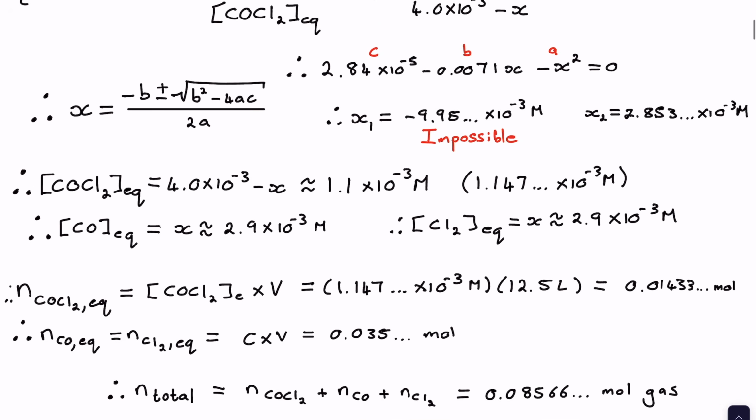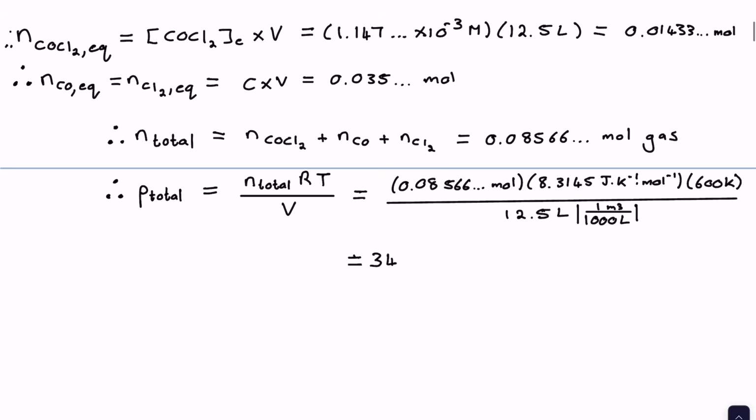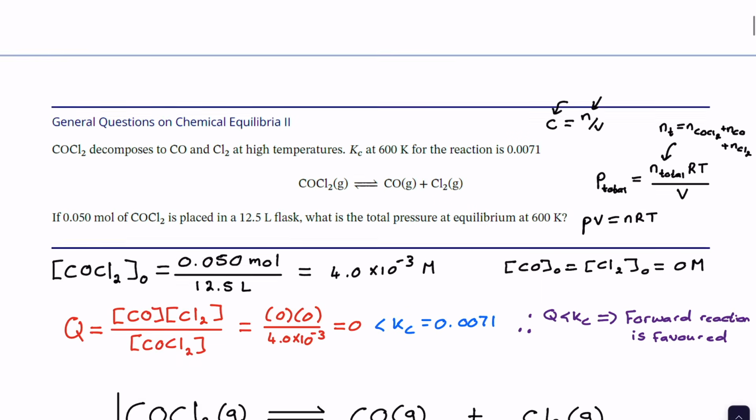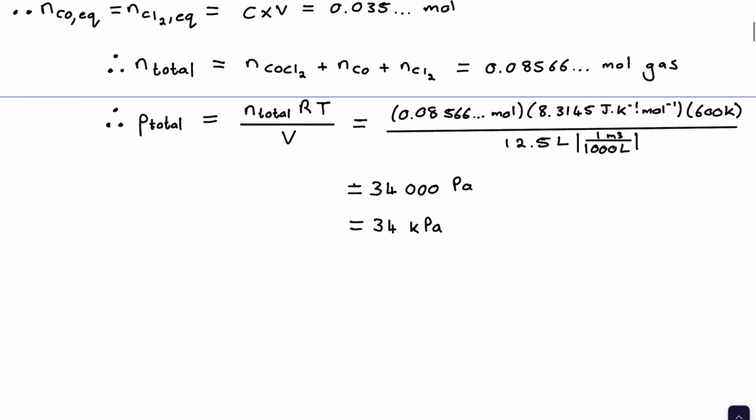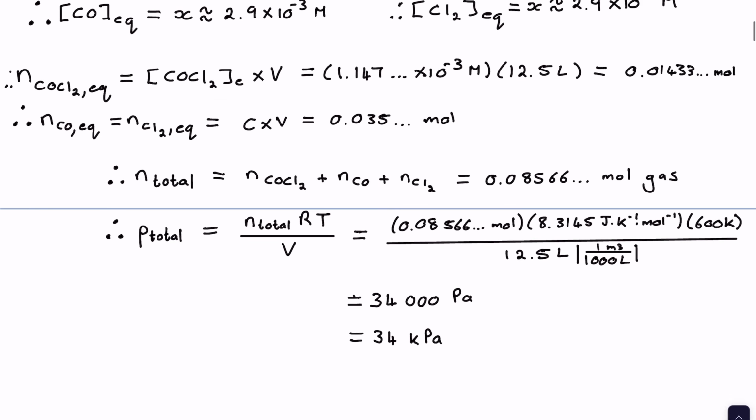Yeah, it's 2 significant figures because of the KC, so 34,000 Pascal, so equal to 34 kilopascal. All right, so remember you get the answer in pascals if you work with those units, and then I take it to kilopascal. The question does not specify what units of pressure, so we can leave it in kilopascal.